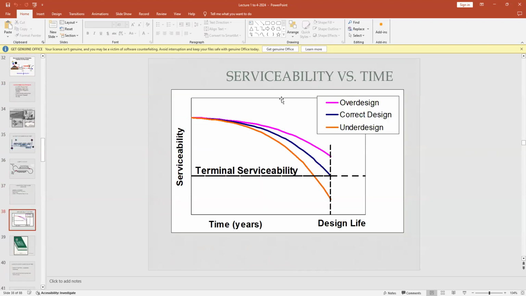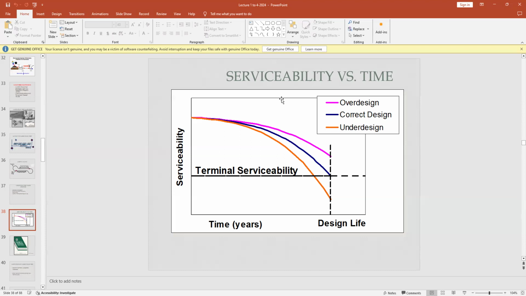What is serviceability? As the name suggests, how serviceable the pavement is during its lifetime. Obviously, when the pavement is constructed, it gives the best performance.